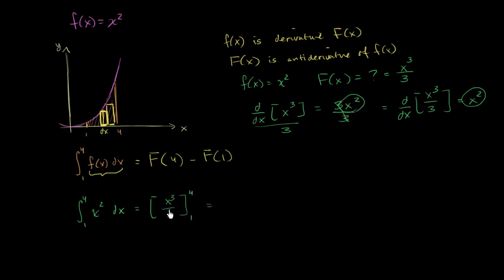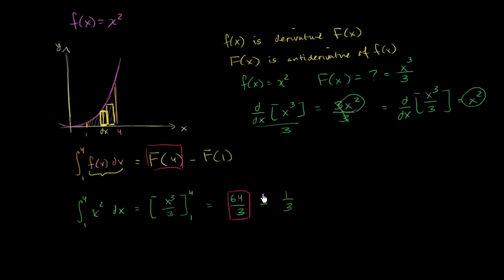So this is going to be equal to 4 to the third power is 64. So it's going to be 64 over 3. Let me color code it. This right over here is this right over there. And then from that, we're going to subtract this business evaluated at 1. Well, when you evaluate it at 1, 1 to the third is 1, over 3. You get 1/3.